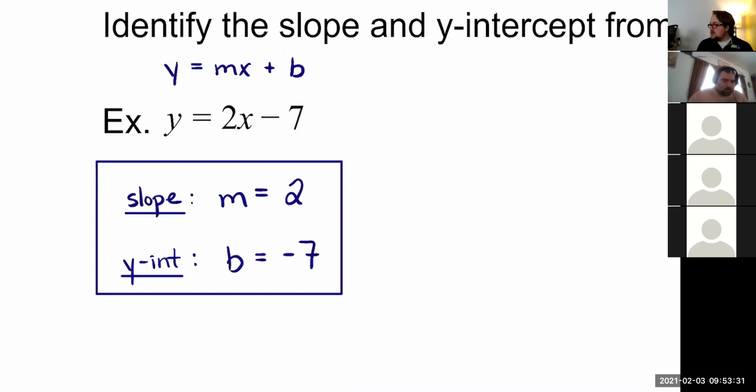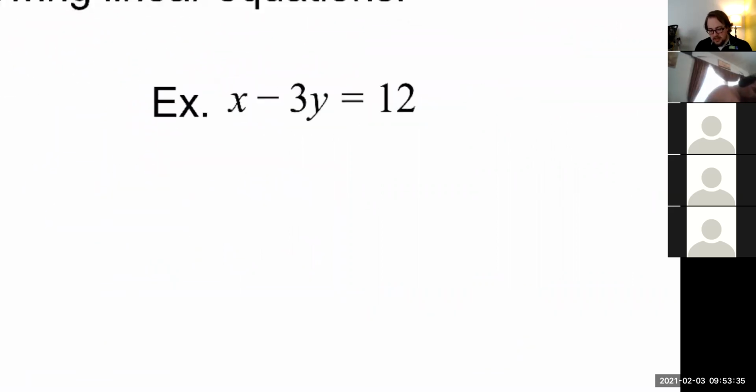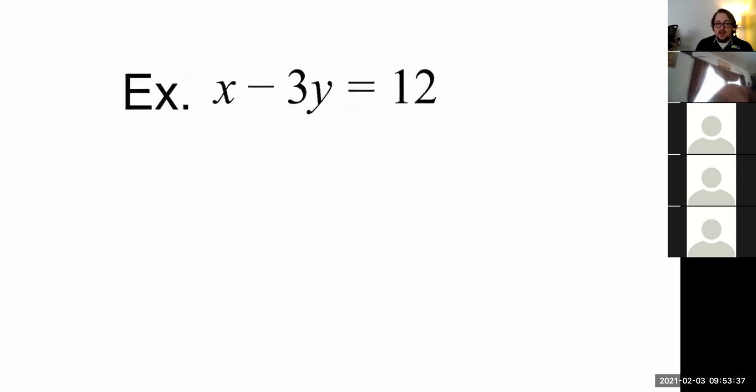Now, of course, as we know, very rarely do things get handed to us the way we want them, which at this point, then I introduce this example. Right off the bat, what do you notice? Y is not by itself. So overcome the temptation. Sometimes students will say, well, I know there's a 1 next to x, and so far the slope has been next to x.